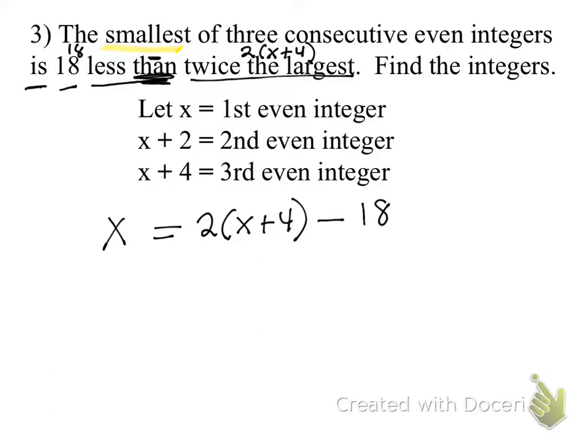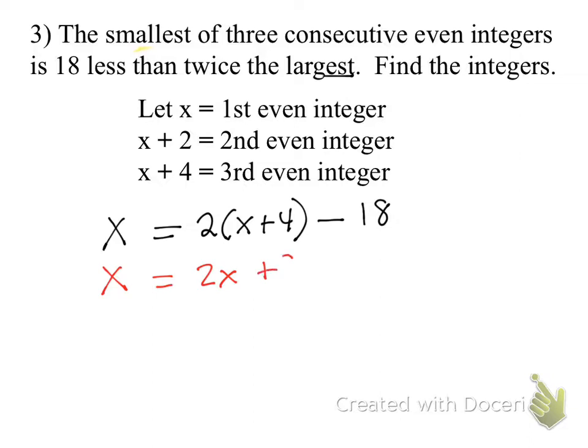So did you notice I switched this over here and this over here? And now we're ready to do it. Now somebody said, but wait, it's not using the second integer. Doesn't matter. We just needed it for definition purposes. They want 3 consecutive. So now we get x equals 2x plus 8 minus 18. So I have 2x minus 10 equals x.